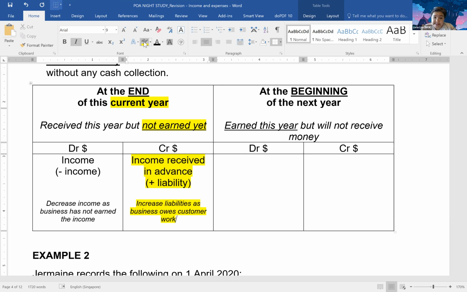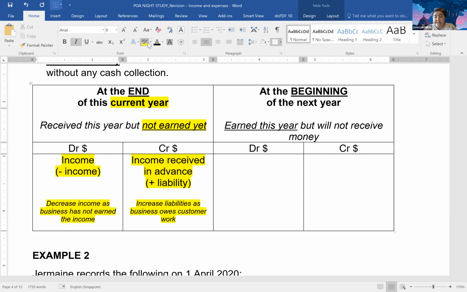You increase the liability because you owe your customer work, or you owe the customer this amount. Now, have you earned it yet? You haven't earned it yet. Because you haven't earned it yet, you will need to minus income. You need to decrease the income because you have not earned the income yet. This one in yellow is in the year that you took people's money.